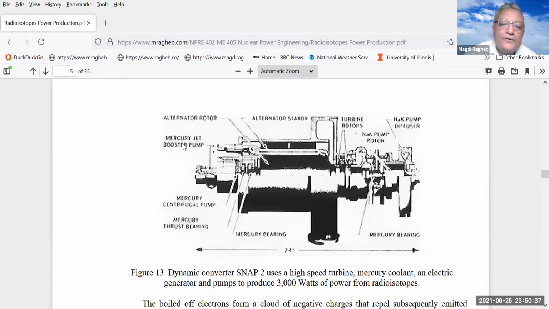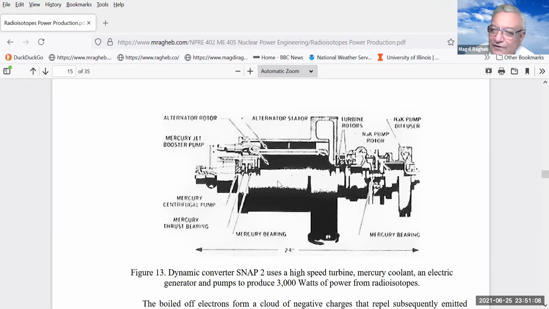So you heat up mercury with a radioactive isotope, then you evaporate it, and then you condense it. And then you also use here now a sodium pump rotor, and you use a bearing that also uses mercury as a lubricating fluid. So you could see here mercury bearings, and the thermodynamic cycle, instead of using water and evaporating water, you evaporate mercury.